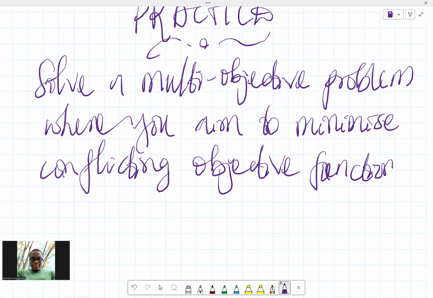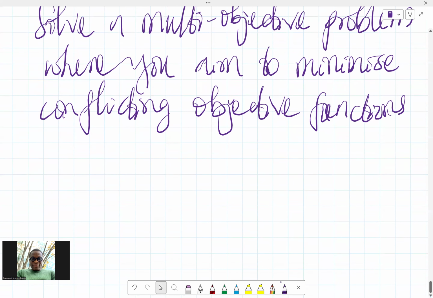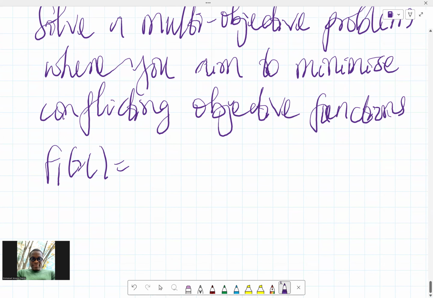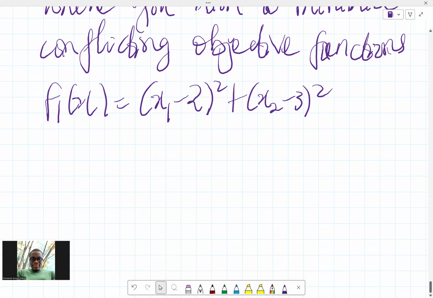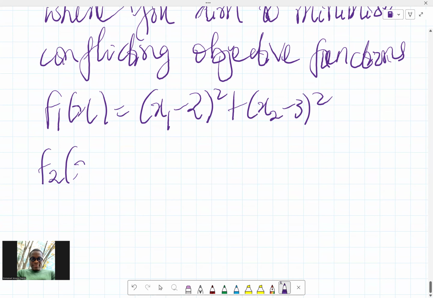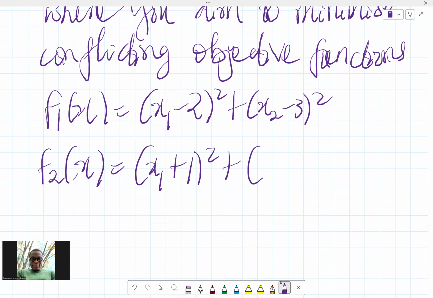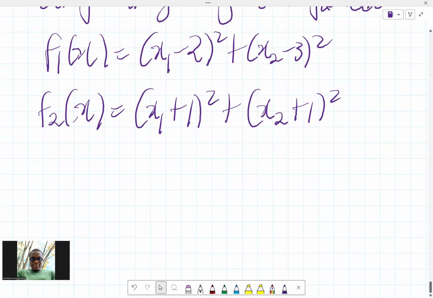So you have f1 of x equal to (x1 minus 2) squared plus (x2 minus 3) squared. That's the first objective function. And the second objective function, f2 of x, is (x1 plus 1) squared plus (x2 plus 1) squared.